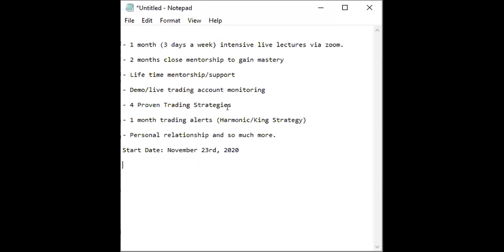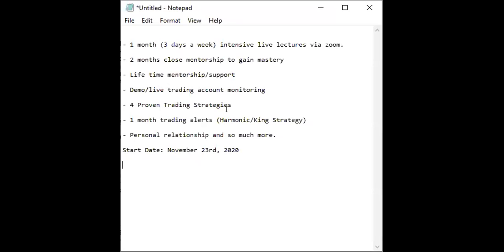And after you complete your training, you have 2 months close mentorship to gain mastery. 1 month for demo and 1 month for live account, because you want to be sure you know what you are doing before you start trading your money live. So that's why we give you 2 months close mentorship for you to gain mastery.